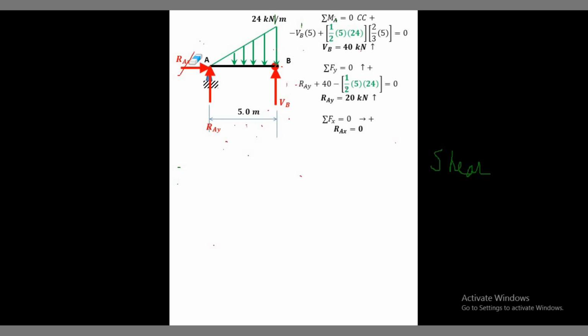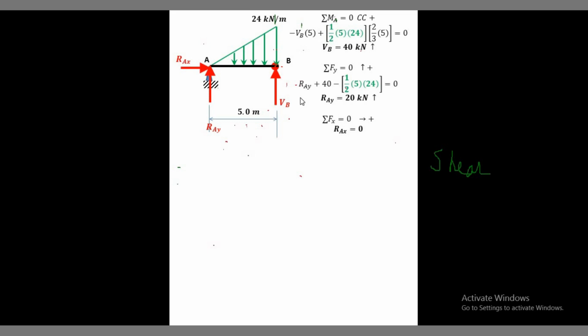Lahat ba ng mga internal hinges kapag hiniwalay ko mag-zero out? No. Hindi lahat ng mga moments dun sa internal hinge or internal pin ay zero. Depende yon sa external loadings. But for this case, nag-zero ang moment because of the external forces.